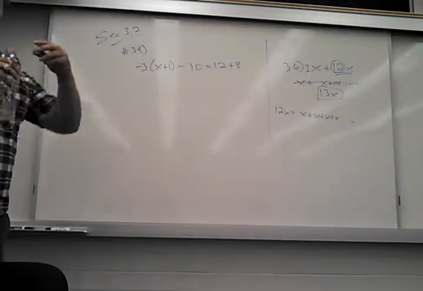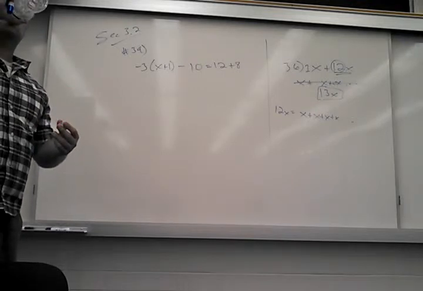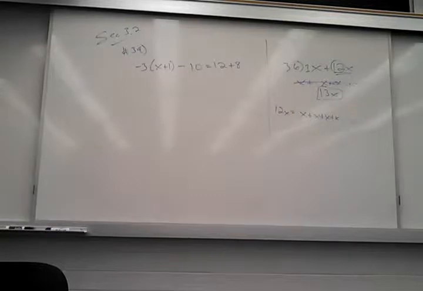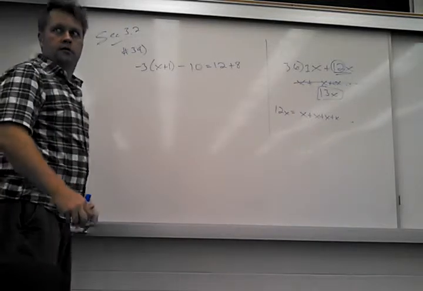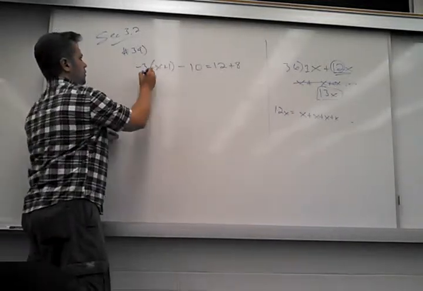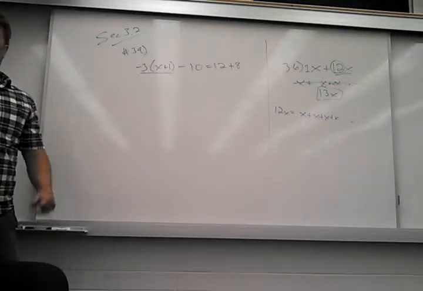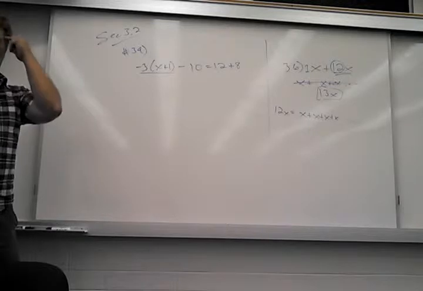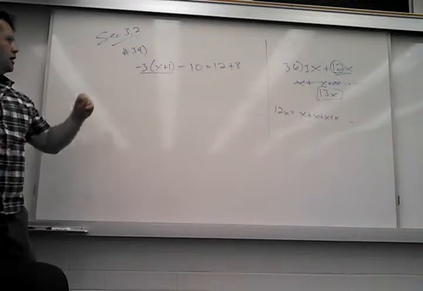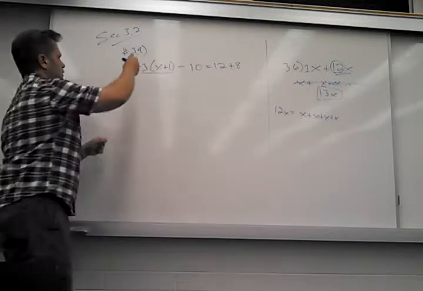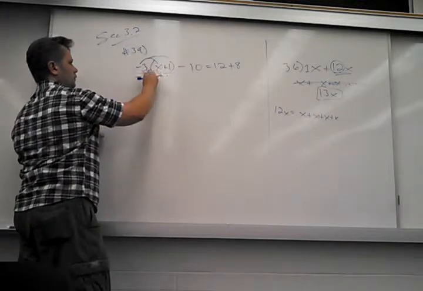All right, cool. So what do I do first here? Good. Yes. I'm always drawn to these parentheses, which is good. Order of operations should make us look at those first, because they're first in line. But now they're first in line for a different reason: I distribute through those parentheses. So what do you get here?